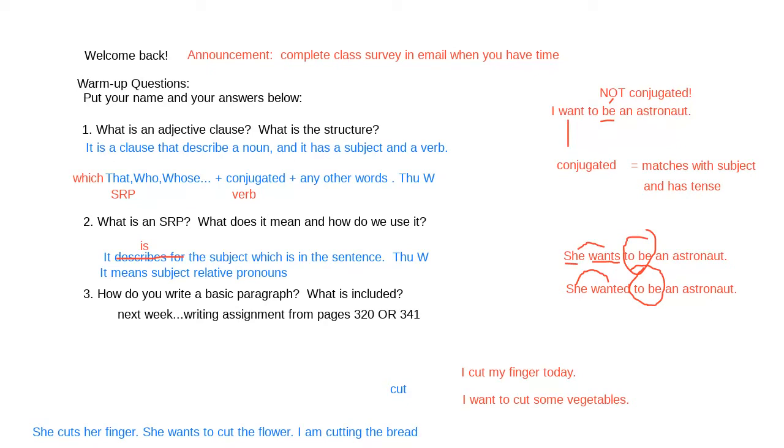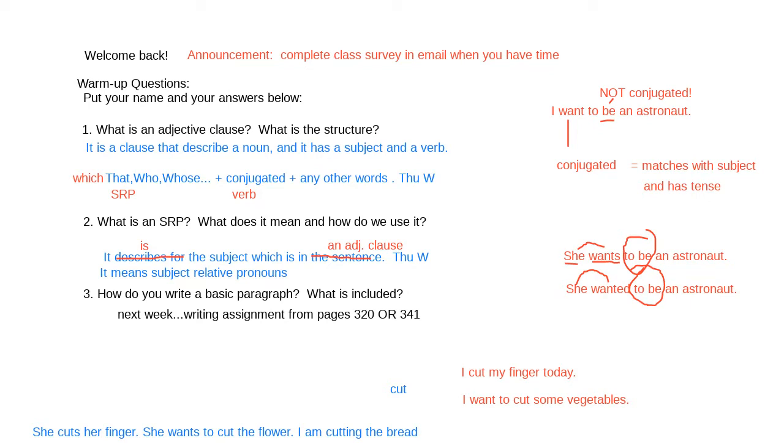So you got started good with this one, but an SRP is always going to be the subject of an adjective clause. Okay, good. In your homework, we'll look at examples, and I'll show you exactly how an SRP is the subject, okay? So we'll look at that in a minute.